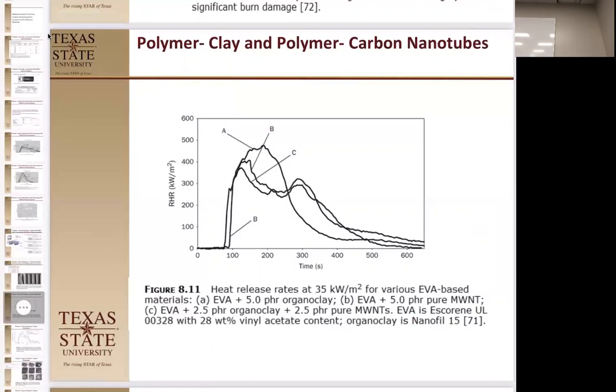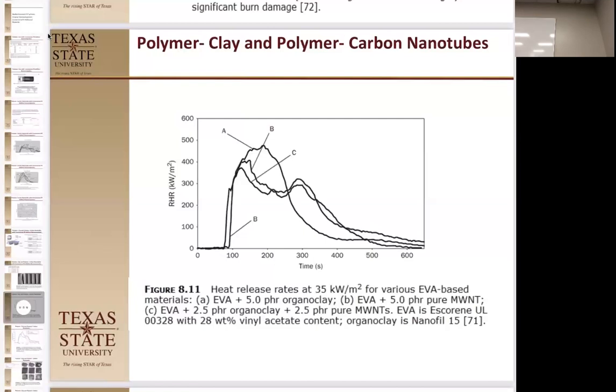Clay by itself is this curve here. Multi-wall carbon nanotubes are this way here, and notice it has a delayed onset. And the combination, which is here, is just a little bit lower for heat release, but it has a lower char gain as well.